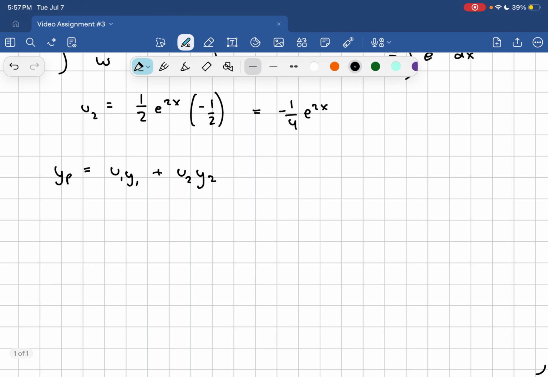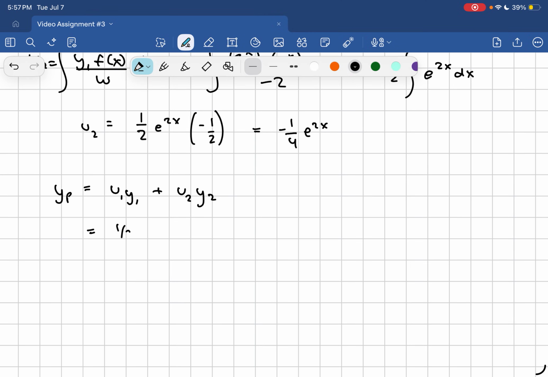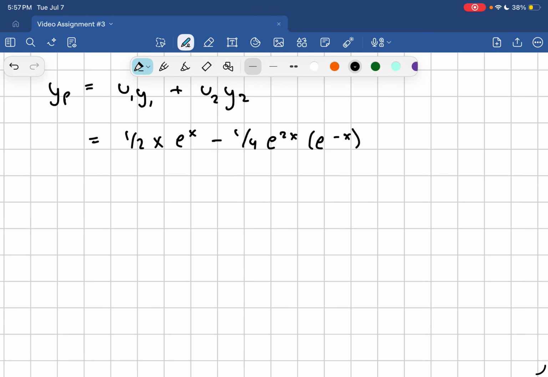So we just plug everything in, where u1 is 1/2 x, times e to the x, plus -1/4 e to the 2x times e to the -x. And we can simplify this to just be 1/2 x e to the x minus 1/4 e to the x.